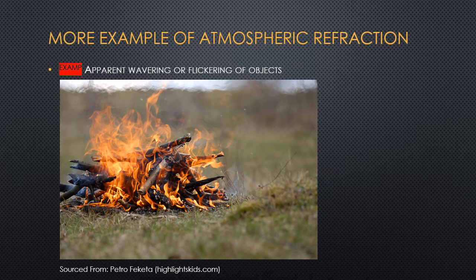If the physical conditions are also changing, the refractive index is also continuously changing. So as the light from the object behind the fire is coming, it gets refracted randomly, so it looks like the object behind is fluctuating. I hope this concept is clear.